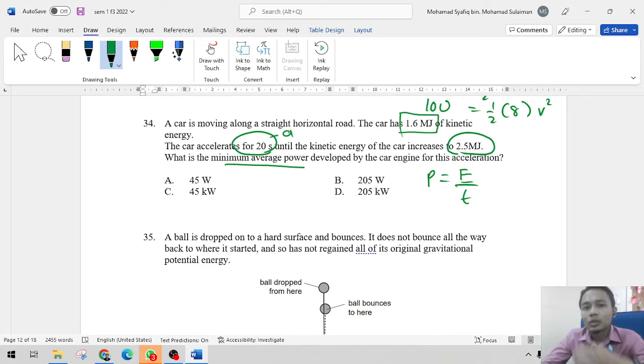So the minimum average power is 1.6 divided by 20.